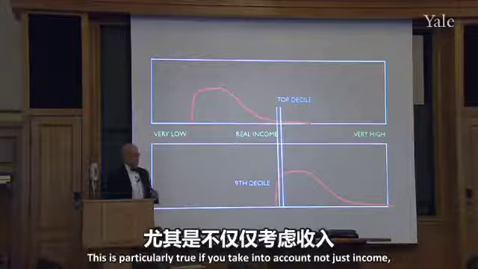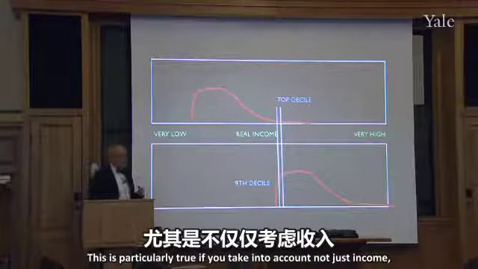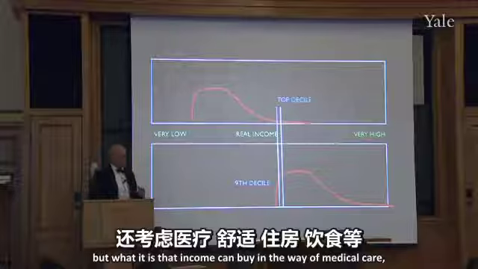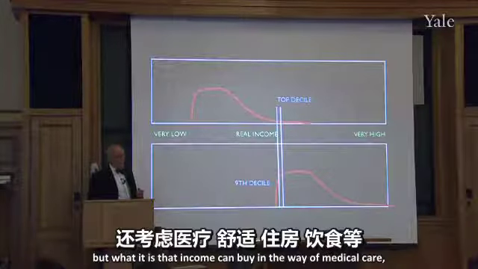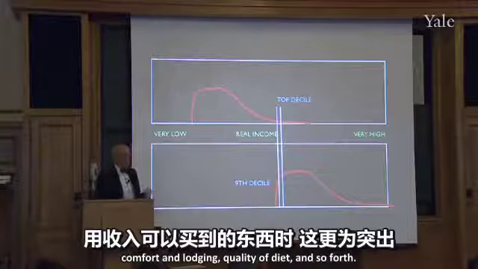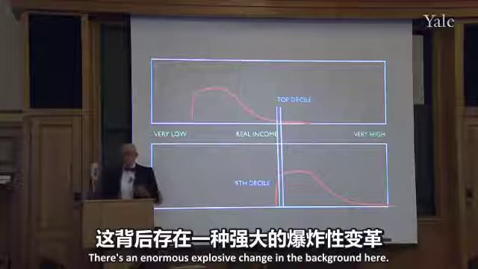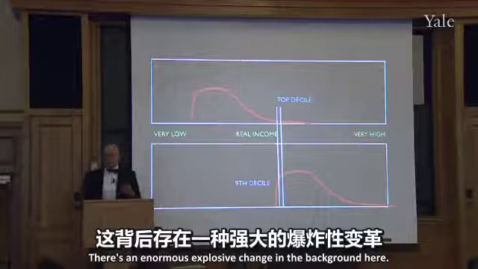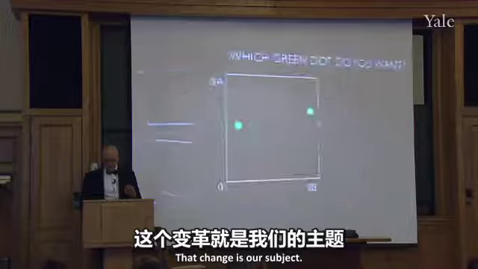And this is particularly true if you take into account not just income, but what that income can buy in the way of medical care, comfort in lodging, quality of diet, and so forth. So there's an enormous explosive change in the background here. And that change is our subject.